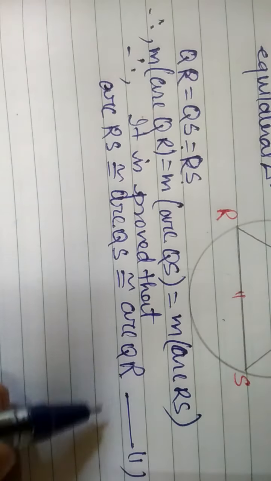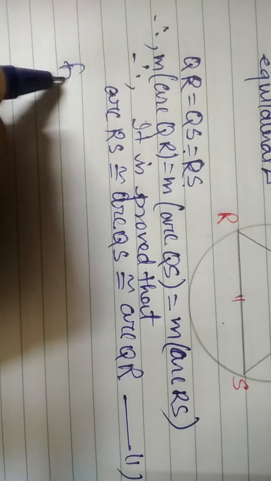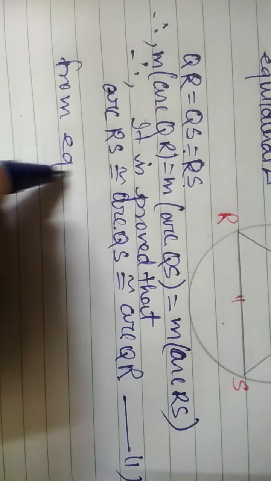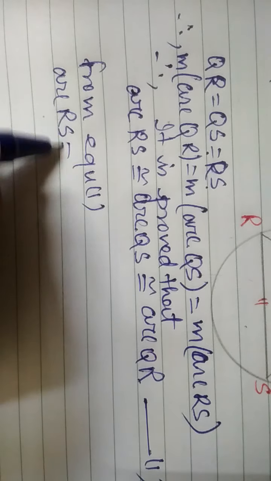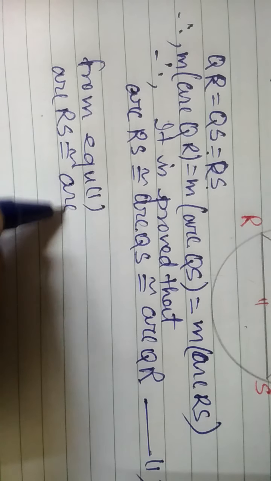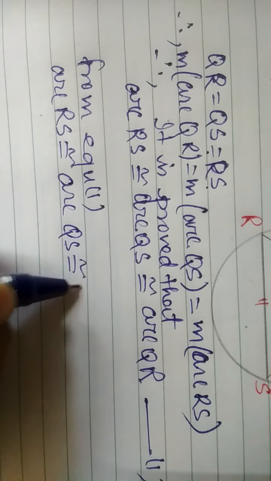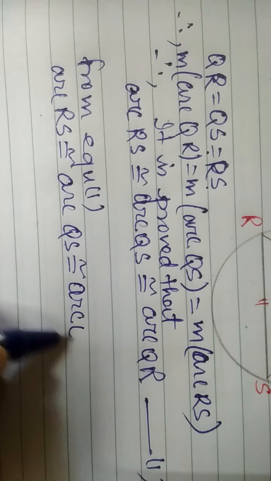Now from equation 1, we can write arc RS congruent to arc QS congruent to arc QR.